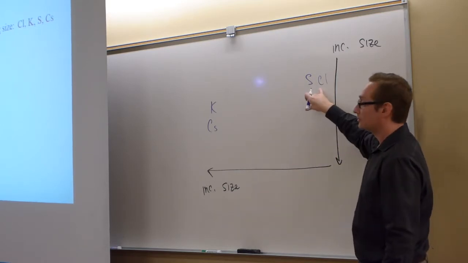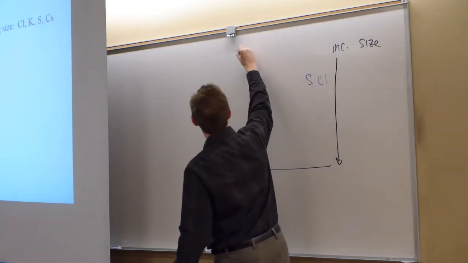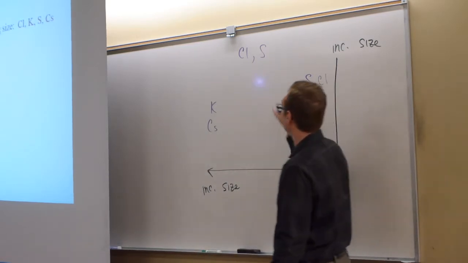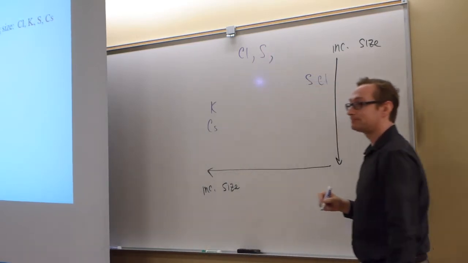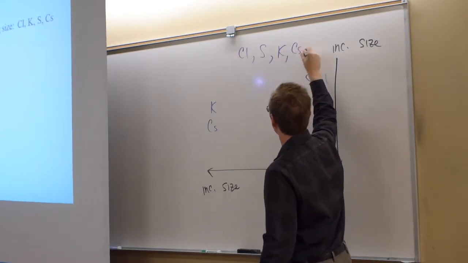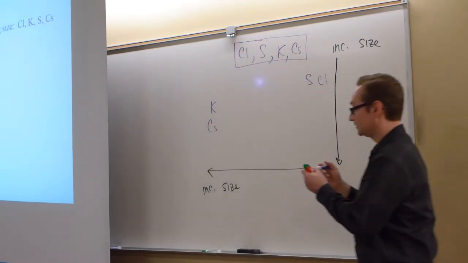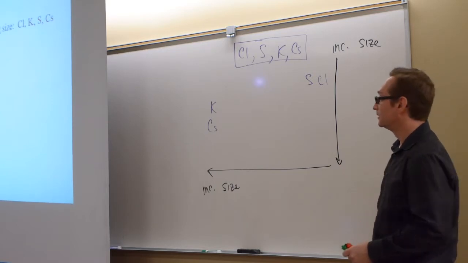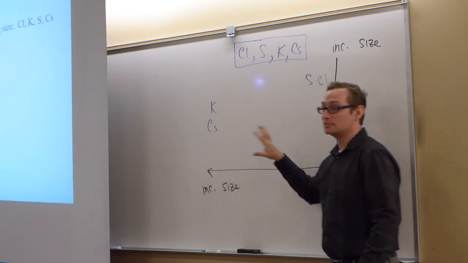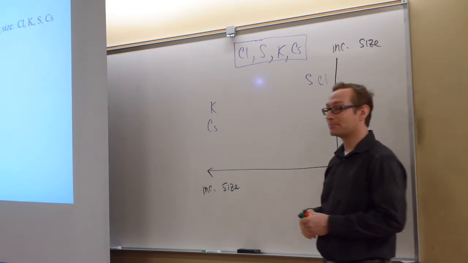So chlorine is the smallest, followed by sulfur, followed by what? Right, followed by potassium, and then cesium is next. So this is your go-to, right? You take the diagram, superimpose on the periodic table, and it'll really help you visualize where you're supposed to go. All right.